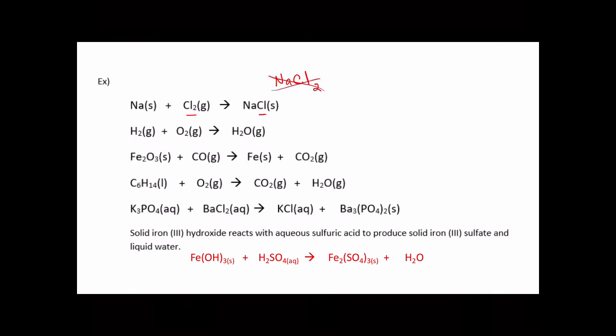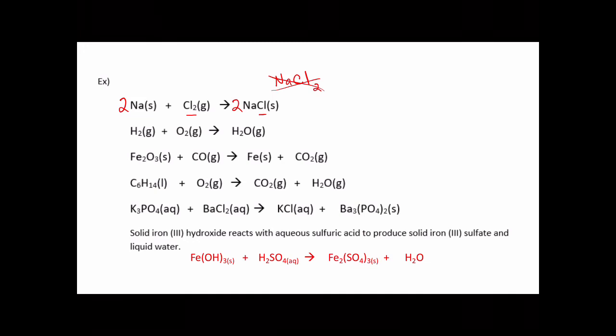It doesn't balance the charge of sodium and chloride. We cannot change the subscripts, but what we can do is put a 2 out in front and say that we have 2 sodium chlorides. Now the other effect of that is that it gives us 2 sodiums, which means to balance the sodium on the left, we simply have to put a 2 there.